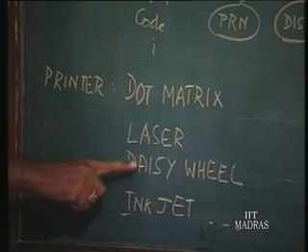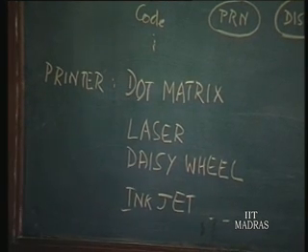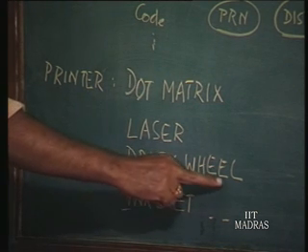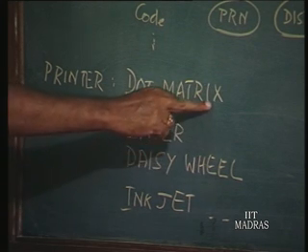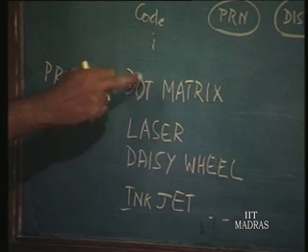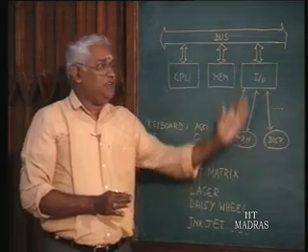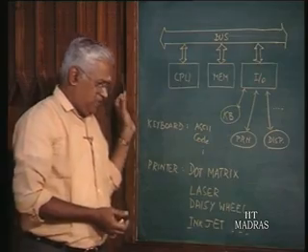Whereas, when you take daisy wheel, the particular character will be printed directly. That is, we will be dealing with the information about a character at the character level here, whereas here we will be dealing with the information related to a character at a lower level. So, these variations will have to be taken care of, and that will be done at the interface level, right.